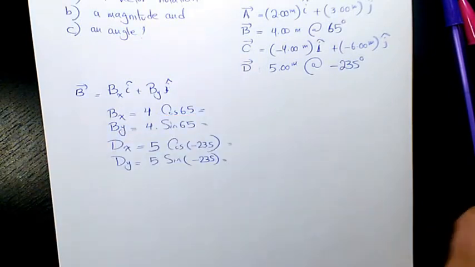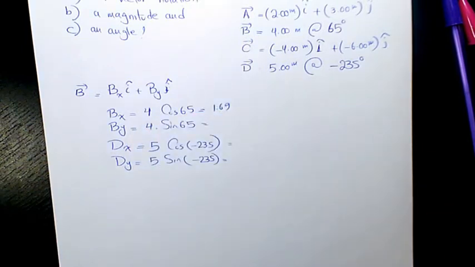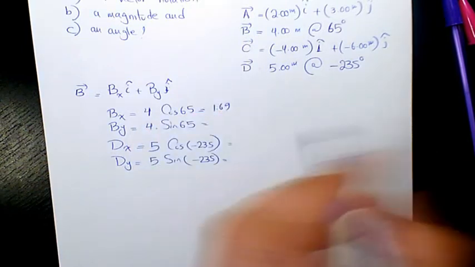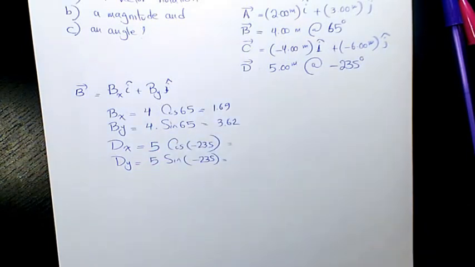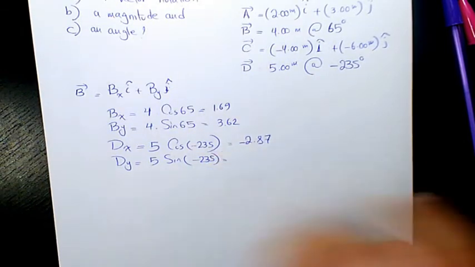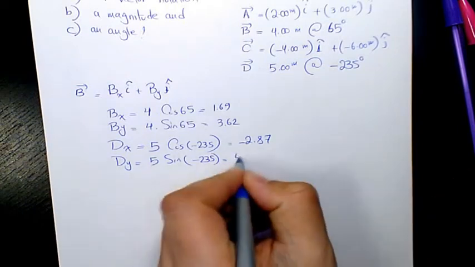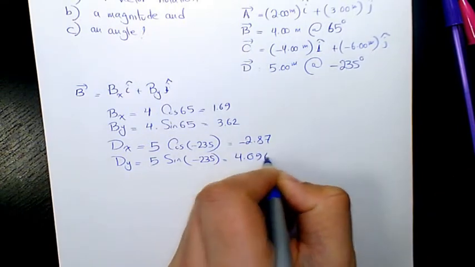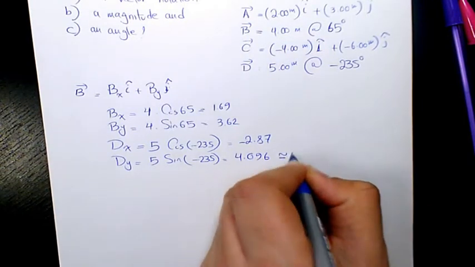So we have 4 times cosine 65, 1.69. 4 times sine 65, 3.62. 5 times cosine negative 235, negative 2.87. 5 times sine negative 235, that's going to be 4.096, or we can round it to 4.1.